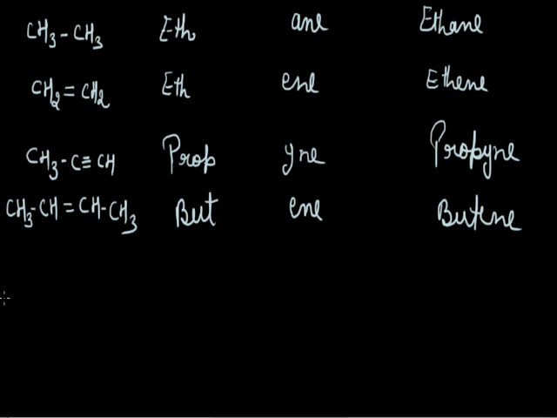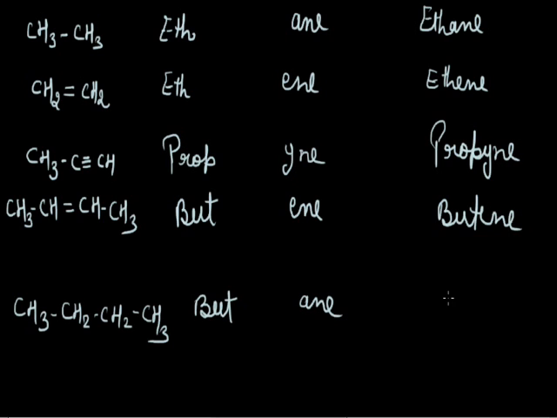And the last example is for four carbon atoms, we use but as word root, and only single bonds are present between carbon and carbon, so we will use "-ane" as primary suffix, so its name will be butane.